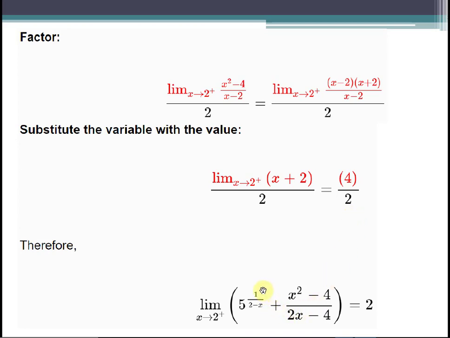So this one goes to minus infinity. It means 5 to the power of minus infinity goes to 0. The second term goes to 2. So 0 plus 2. This is the right side limit.